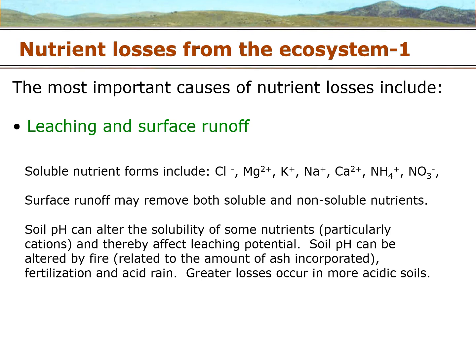The soil pH can alter the solubility of some nutrients, particularly cations, and thereby affect leaching potential. Soil pH can be altered by fire, which is related to the amount of ash that's produced and incorporated in the soil, but also by fertilization and acid rain. Greater losses of nutrients occur in more acidic soils.